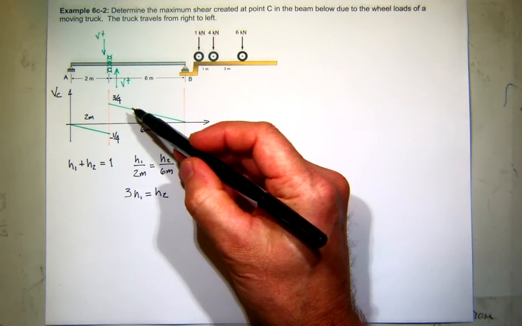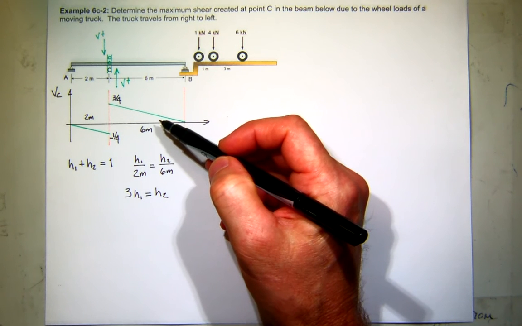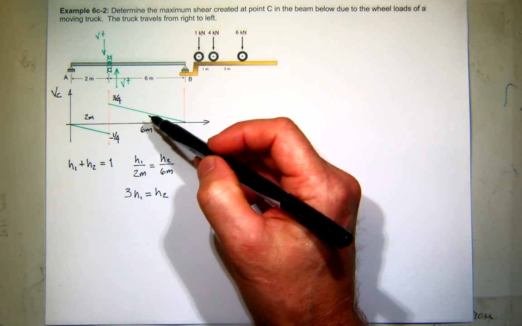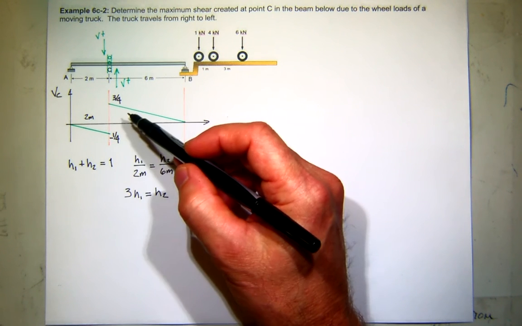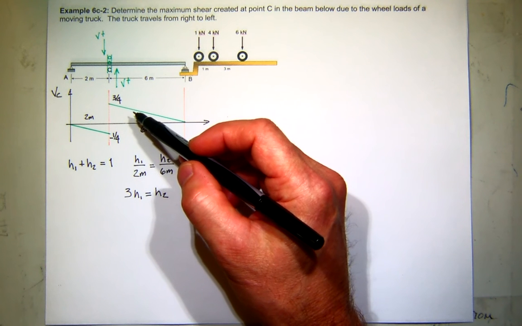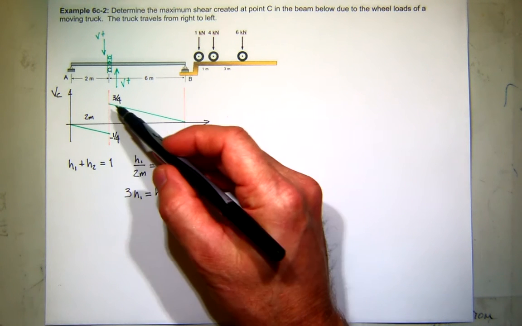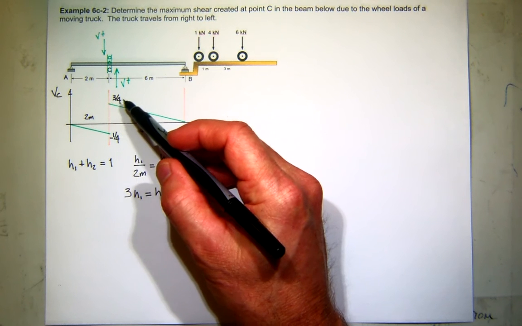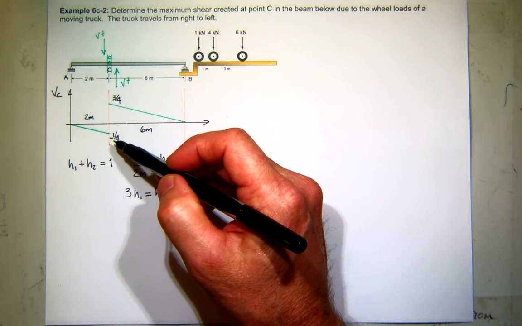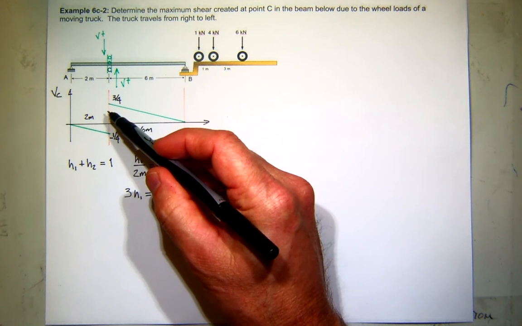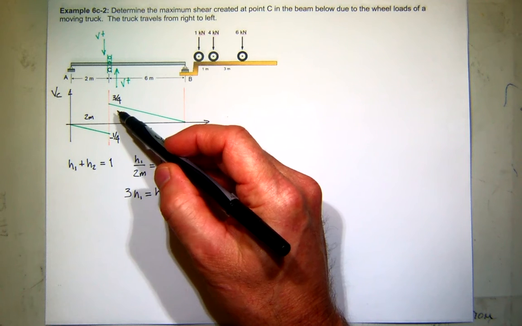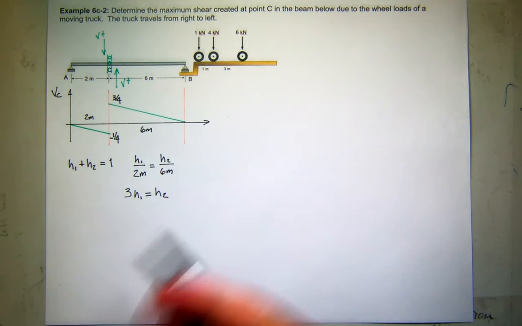It looks like since there's way more positive space or area in the influence line on the positive side than the negative side, then probably the positive shear is going to be the bigger of the two. So whenever I let these forces in turn come to the maximum value, I'm going to use 3/4, not -1/4. I'm going to always stop my load just to the right of C, try to find the largest value.